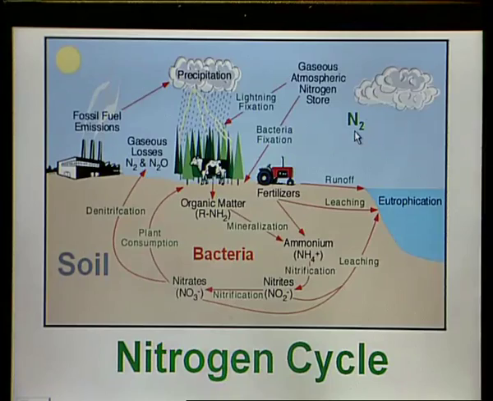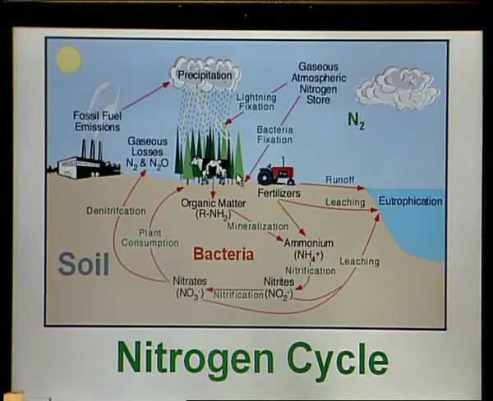It is transformed into soluble form by bacteria in the soil and water or by lightning fixation in the atmosphere. Plants use this form of nitrogen to make protein, which then re-enters the soil as plant matter decays and dies.